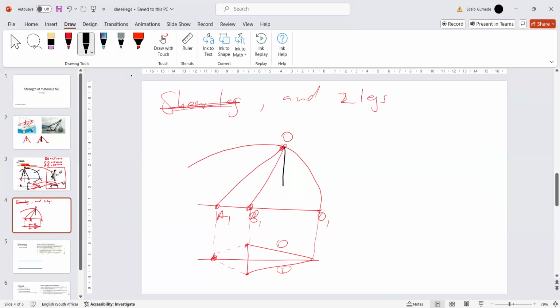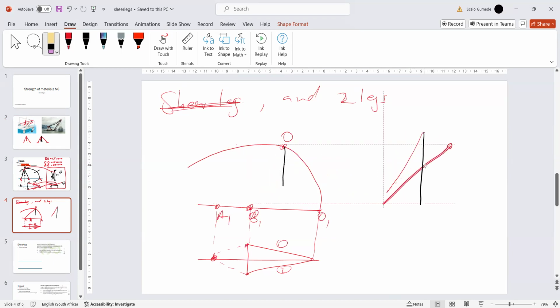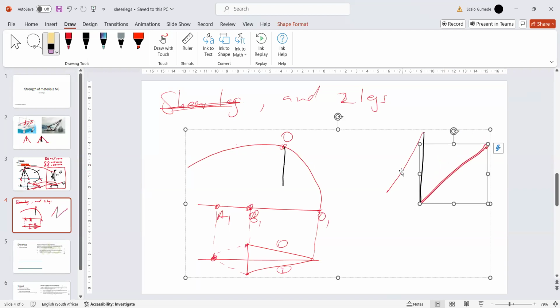So when you draw a vector, our load, we always start with it down. And then what do we do? Parallels. There we go. This line is parallel, comes here. This line, my apologies, I think this line will come here, and then this line here.